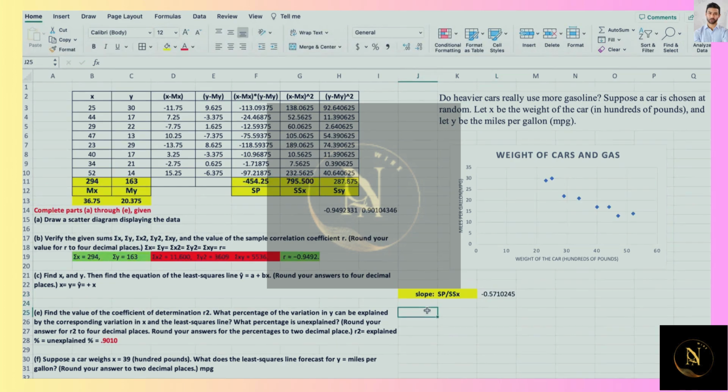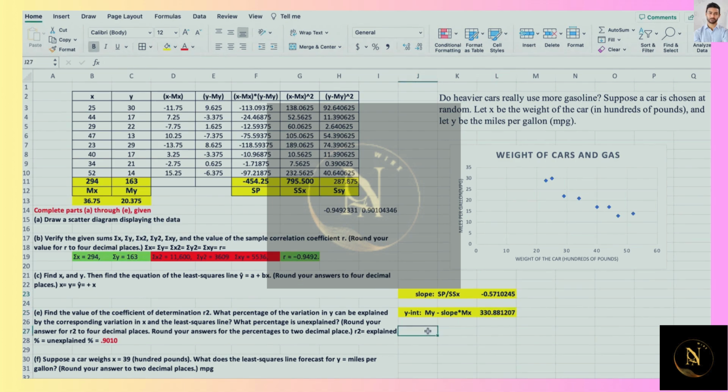Then my y-intercept is going to be the mean of Y minus my slope times my mean of X. So I am going to highlight, bold, and merge.